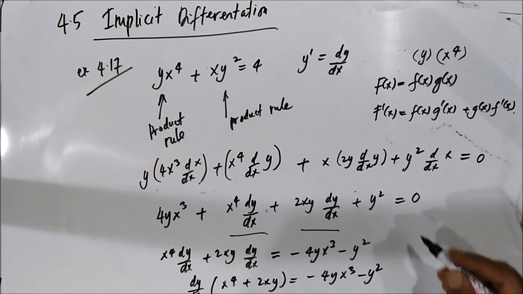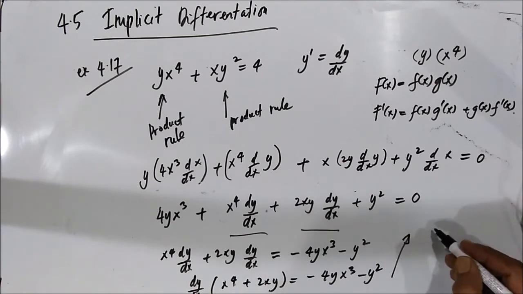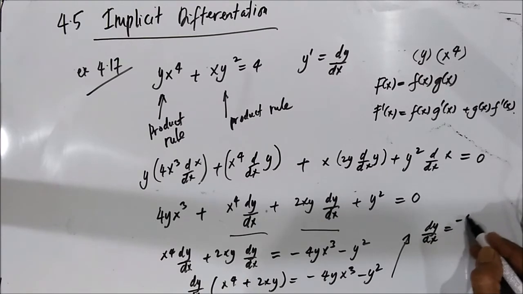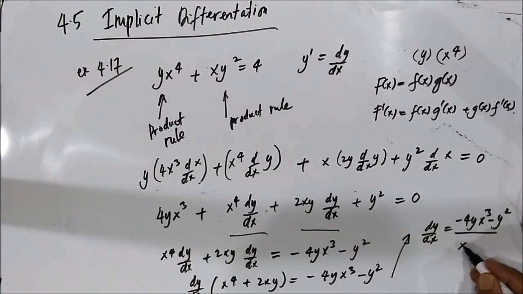So in other words, dy/dx is equal to negative 4y x raised 3 minus y raised 2 over x raised 4 plus 2xy. This is how we solve example 4.17.